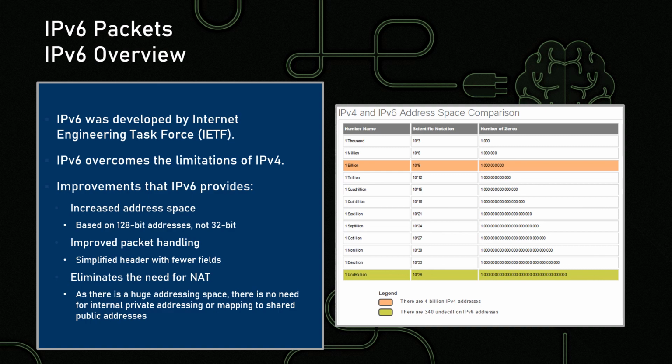So 4 billion versus 340 undecillion, that's a lot of zeros difference. So of course we don't need NAT anymore.